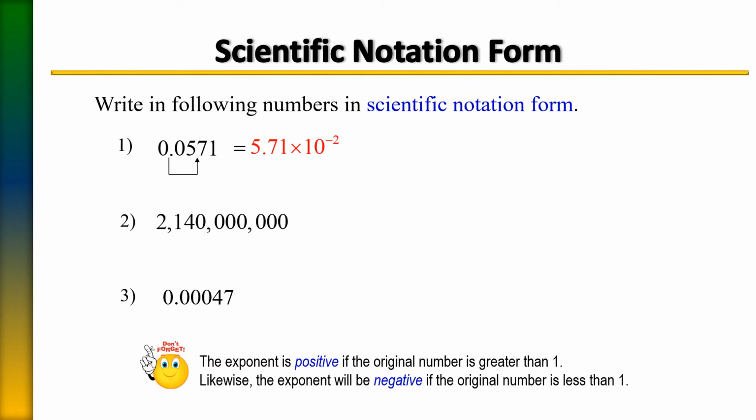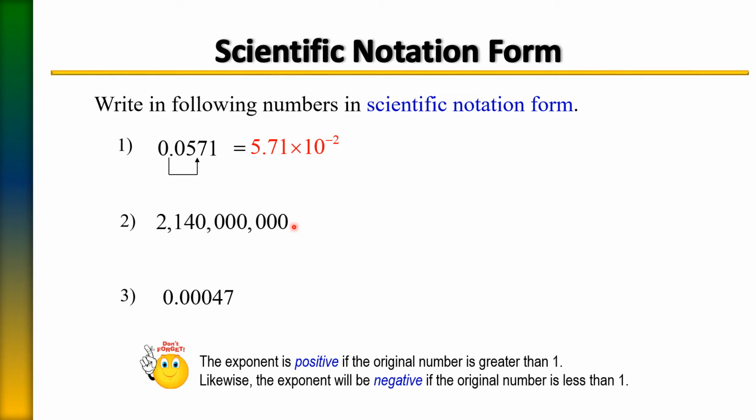In example 2, our number is greater than 1, so we're going to have a 10 base with a positive power. Let's first get it to where it is a decimal between 1 but less than 10. Where is the decimal now? Well, when you don't see a decimal in a number, it is understood to be in the back of the number.